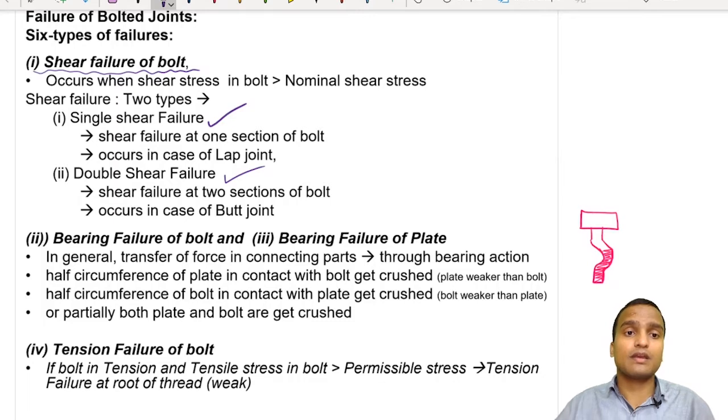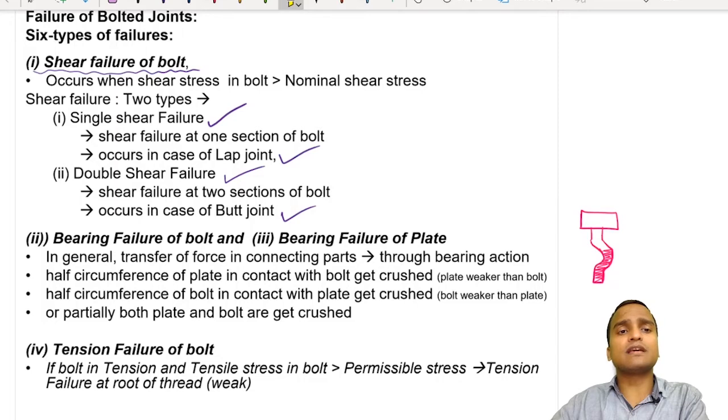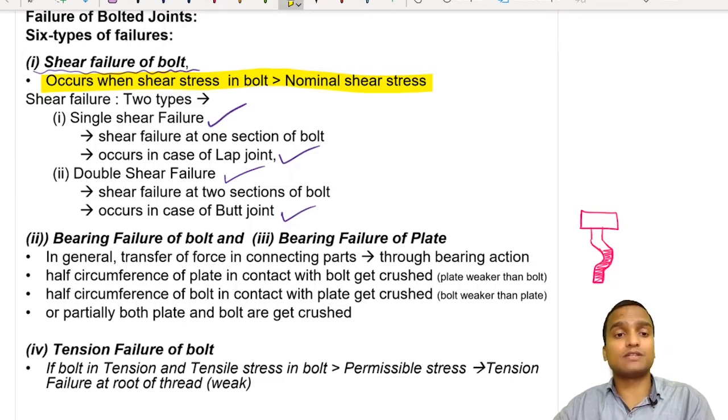Single shear failure mainly occurs in the lap joint and double shear failure occurs in butt joint. This is clear to us. And shear failure occurs when shear stress in bolt exceeds the nominal shear capacity of bolt. You understand this? Now this we have already understood.